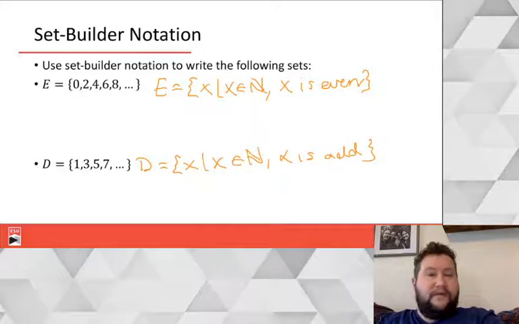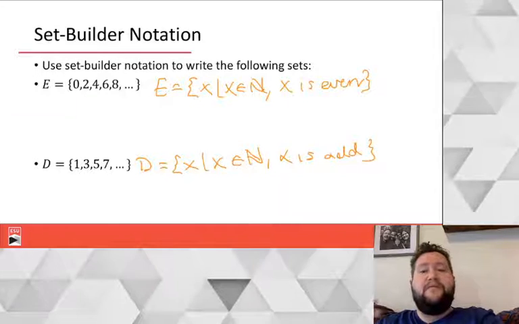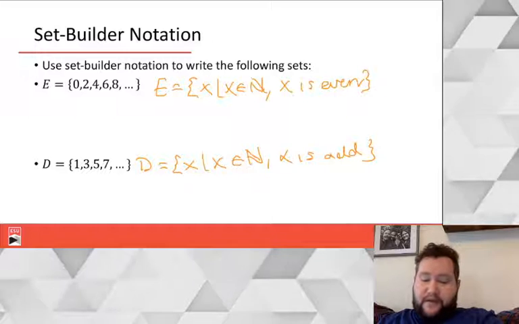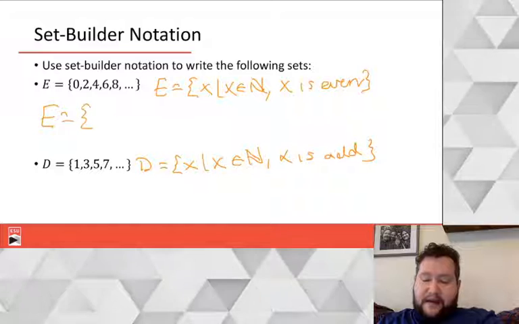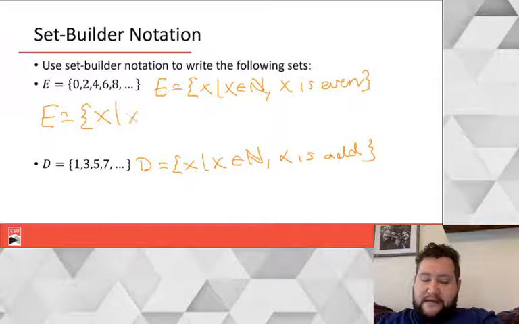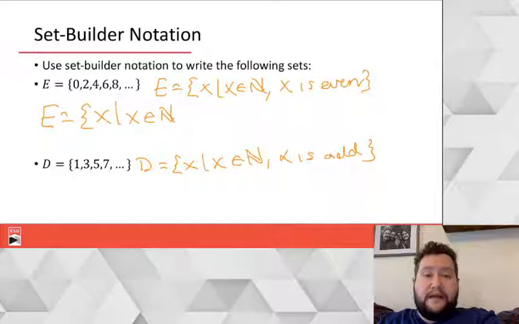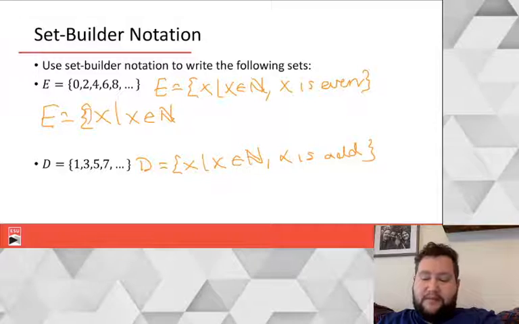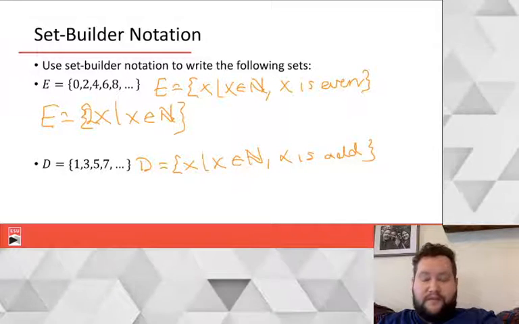And now, that's a perfectly fine definition for that set. But sometimes we want to be thinking a little bit more algebraically, and we want a little bit more precision. So here we could say that E is the set of all x such that x is a multiple of our natural numbers.